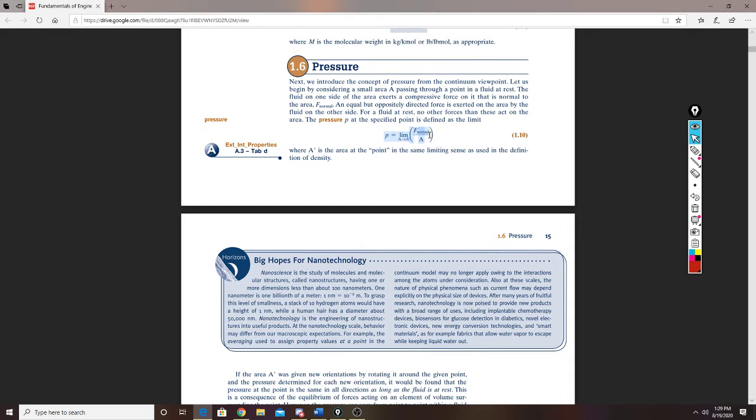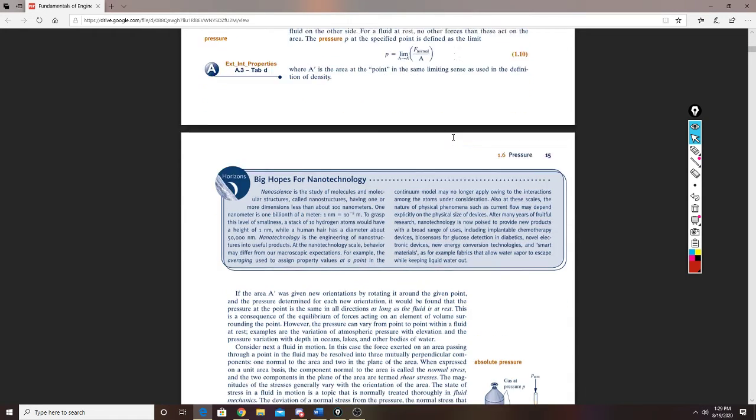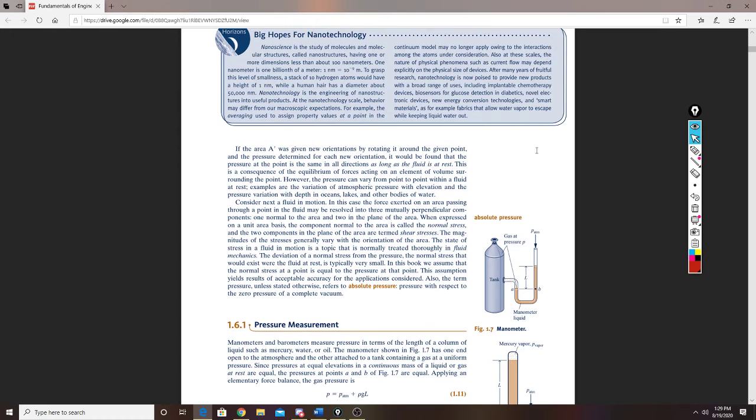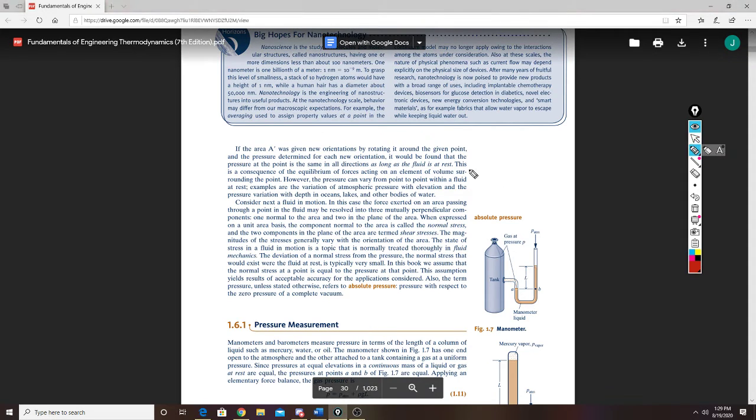And this right here, once again, they represent as a limit. But how pressure works in this class is that we use pressures to find different state points. For example, if I told you state 1 has atmospheric pressure, you would say pressure 1 is 14.7 psi, because that's atmospheric pressure, or 100 kilopascals, or 1 bar.